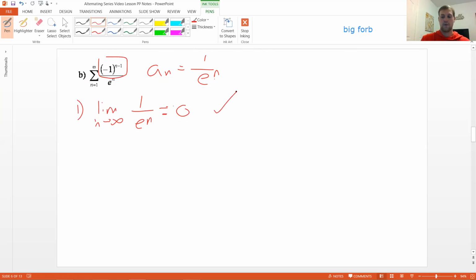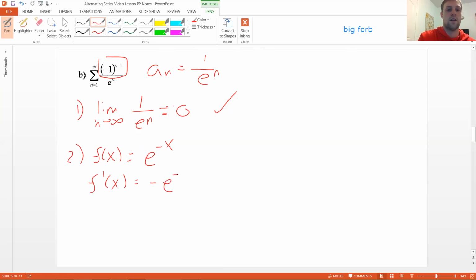So that's a check. And then number 2, we want to think about f of x as e to the negative x. Is that okay with y'all? I just changed it to 1 over e to the x and brought that power to the top so I can take an easy derivative. So f prime of x equals, what's the derivative of e to the negative x?